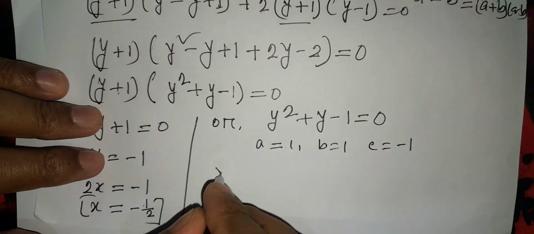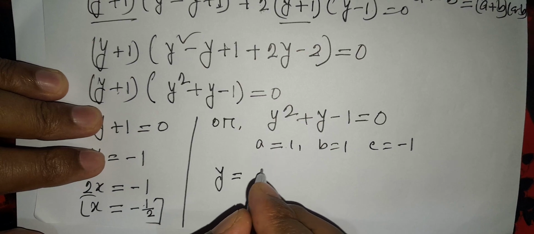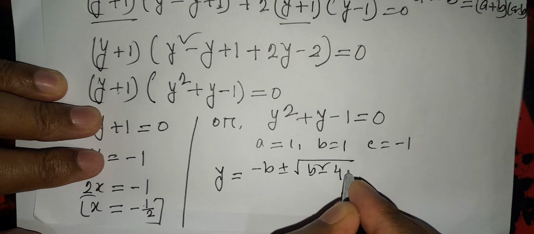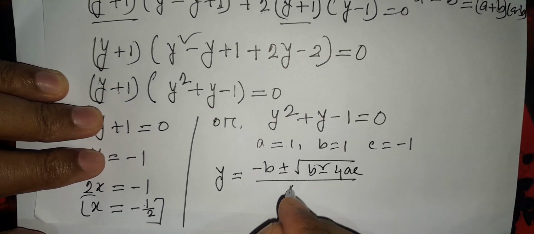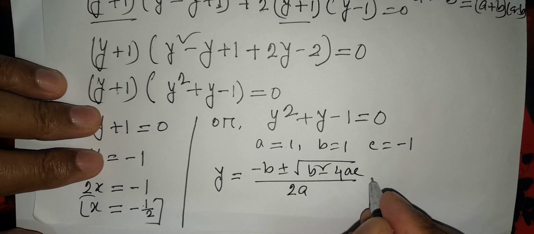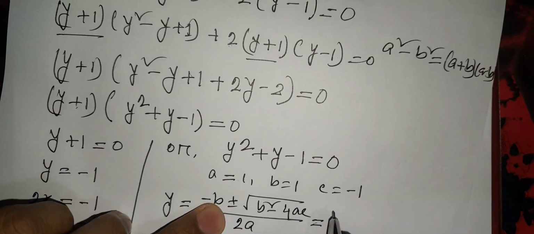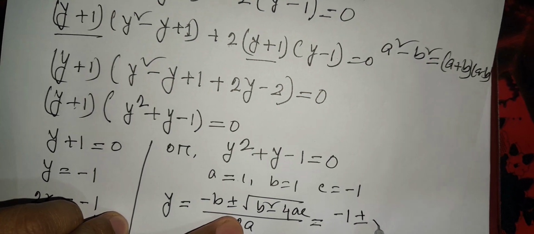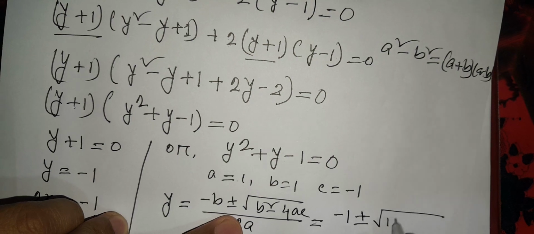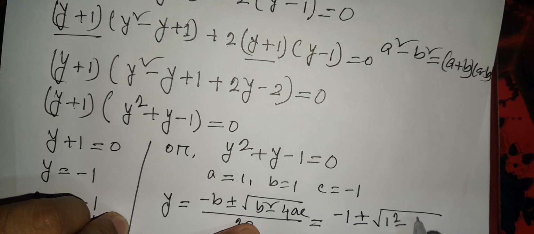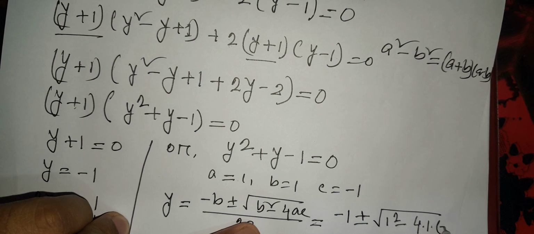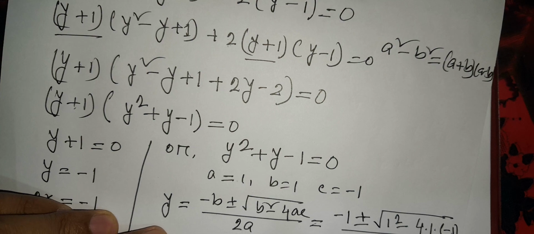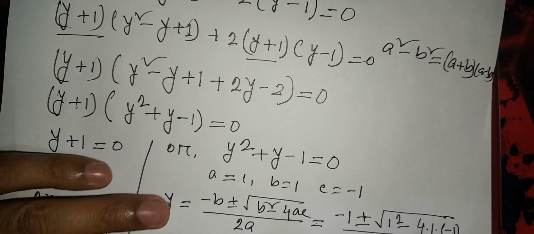So y is equal to minus b plus minus root over b square minus 4ac by 2a, b is equal to 1. So here minus 1 plus minus root over b square, 1 square minus 4 into 1 into minus 1, by 2 into 1.